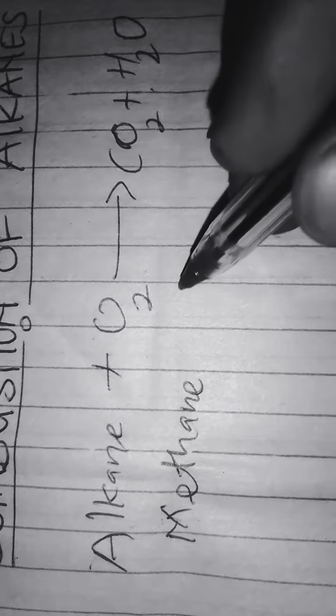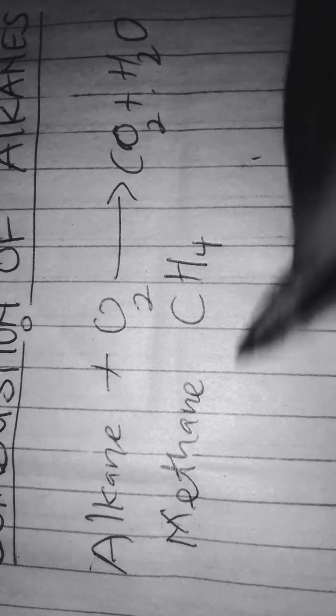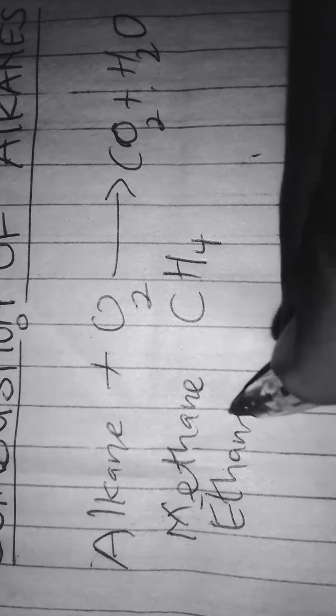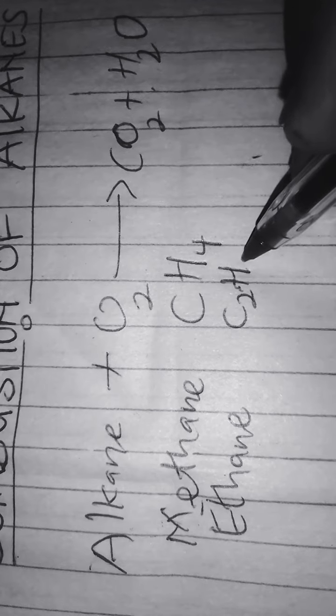Because today our main focus is on alkanes, now I think we can give different examples of alkanes. So we can have methane, which is CH4. We have ethane, which is C2H6.